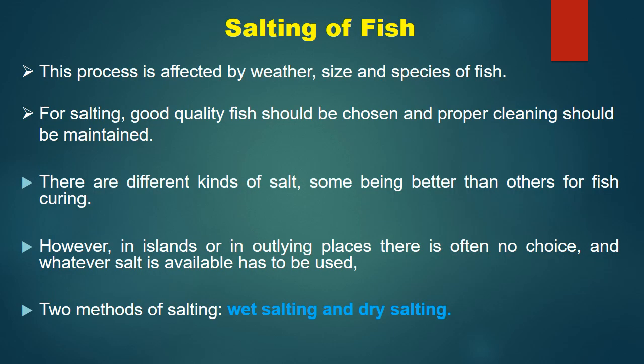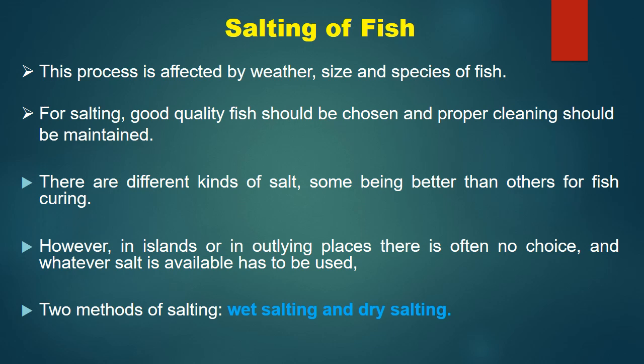Now we will talk about salting of fish. This salting process is affected by weather, size of the fish and the species of the fish. For salting, good quality fish should be chosen and proper cleaning should be maintained. There are different kinds of salt, some being better than others for fish curing.